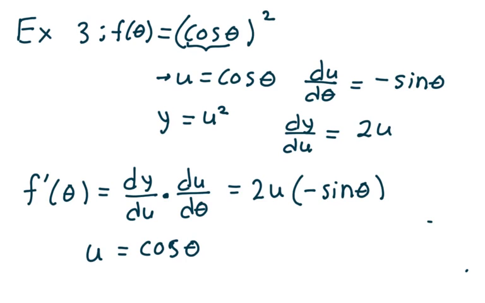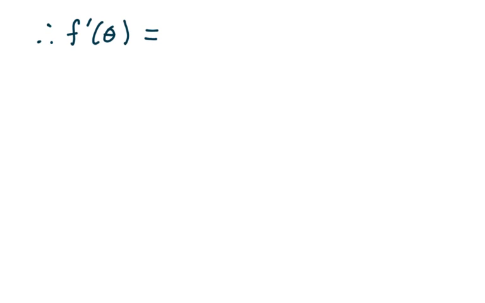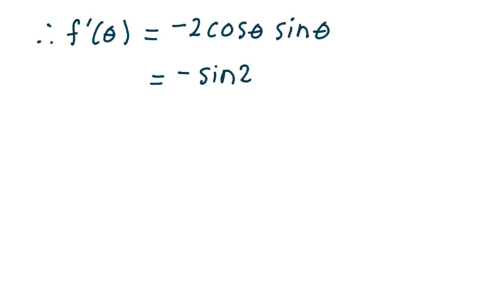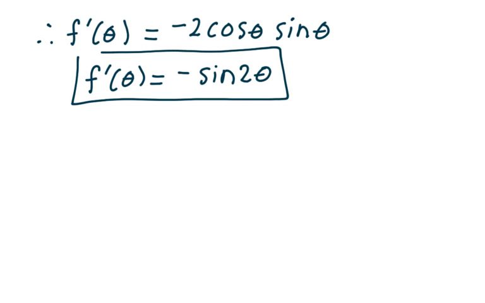And so therefore, f prime of theta is negative 2 cosine theta sine theta. But that's equal to negative sine 2 theta. And that right there is example 3.